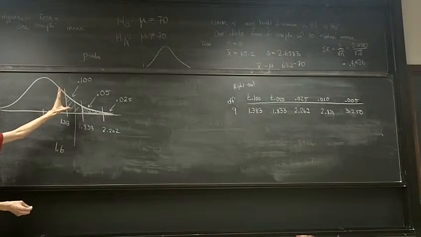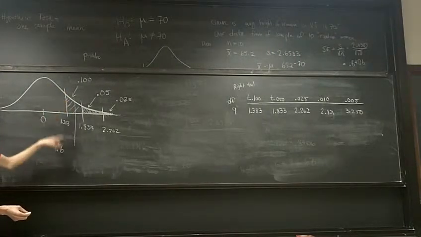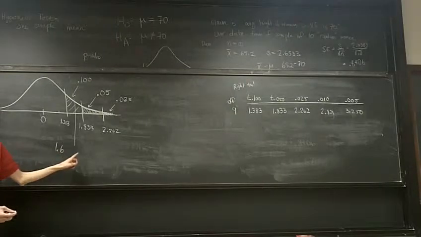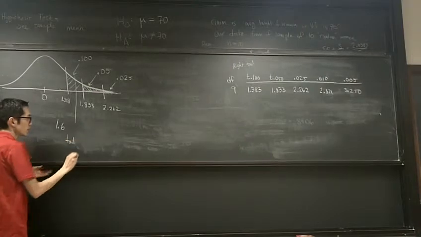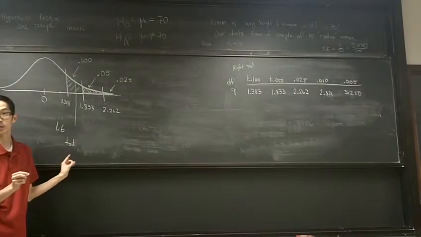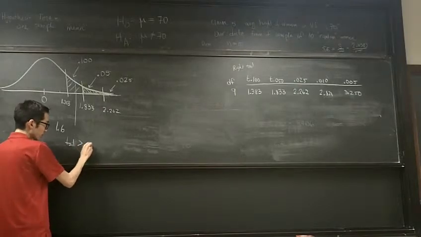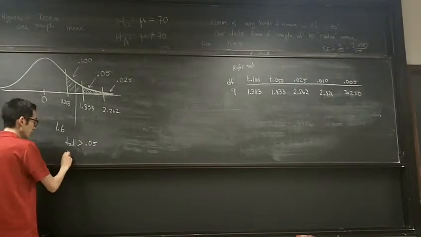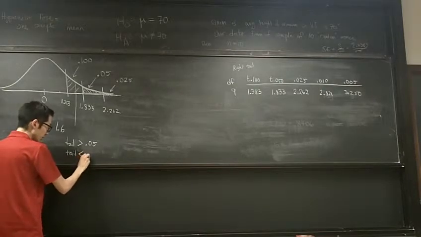Some of you might want to do that. But all we have to say is that if I draw a line at 1.6, the amount that's in my tail, I know for sure is more than what? It's more than 5%. Right. Okay, and the amount in my tail is also for sure what? Less than 10%.